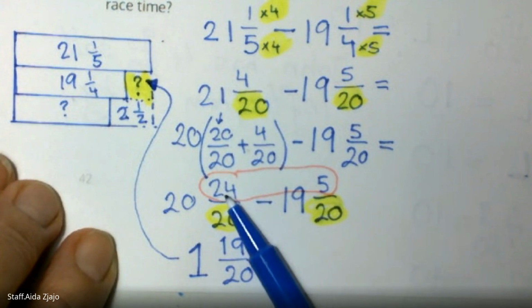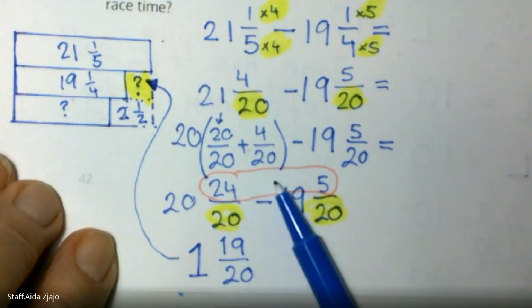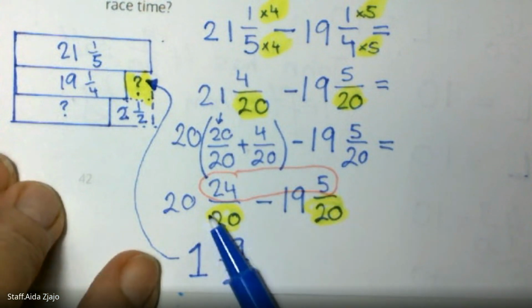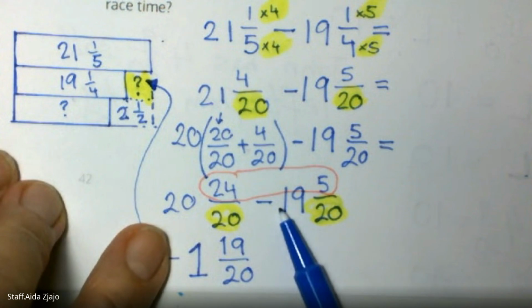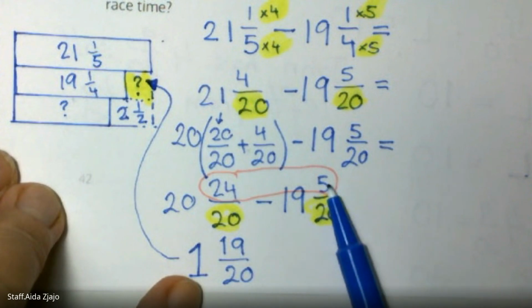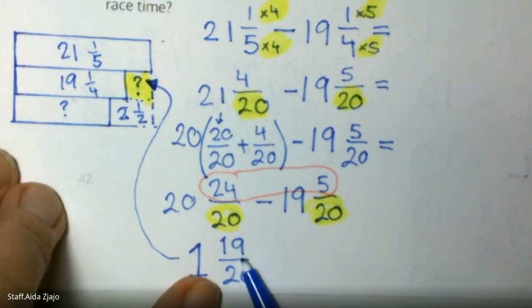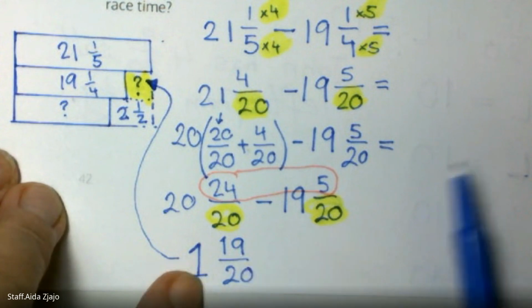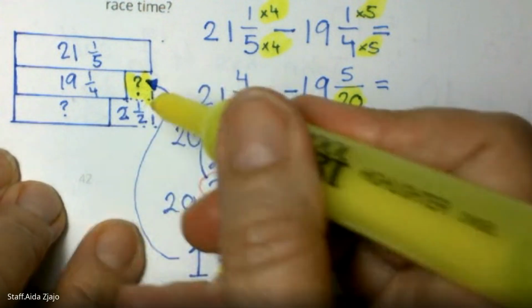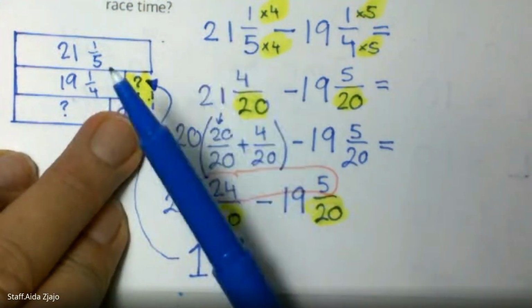That makes 24 twentieths. With 24 pieces, we were able to take away 5 pieces. So 20 wholes minus 19 wholes gives 1 whole, and 24 pieces minus 5 pieces gives 19 twentieths. This is how much he lowered.